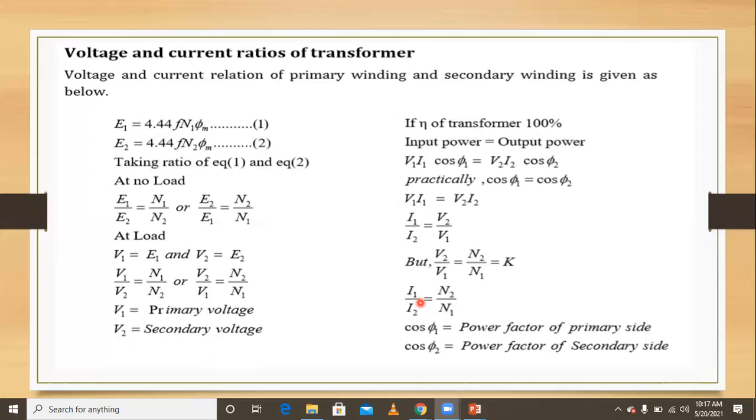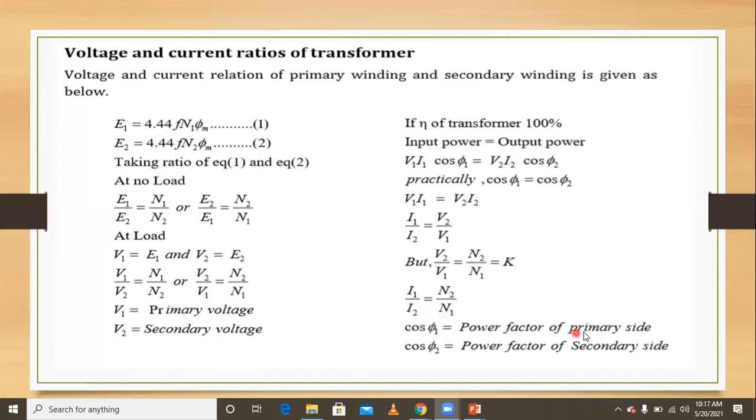The input side power and output side power are both the same. Even though the voltage is increasing or decreasing in the secondary, the product V1 I1 is constant. The power is constant.